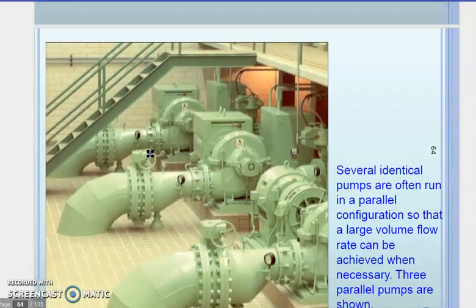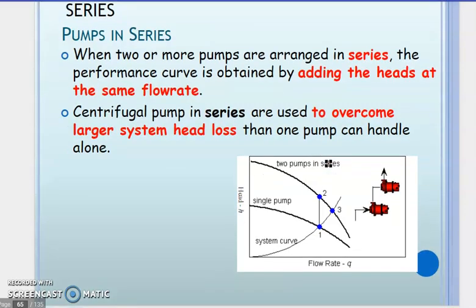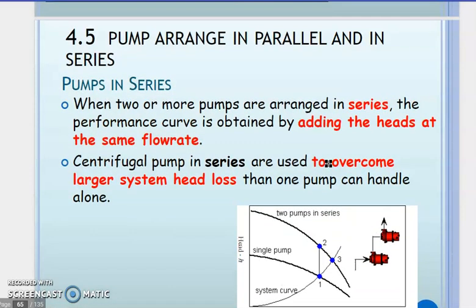To avoid that kind of confusion or problems during operation, we normally use identical pumps, with the same capacity and same head. We combine two or more pumps to meet the system demand. So in summary, when you have pumps in series, what you add is the heads.